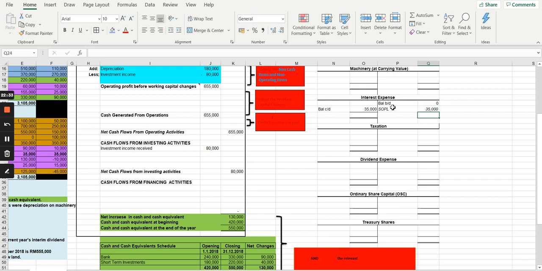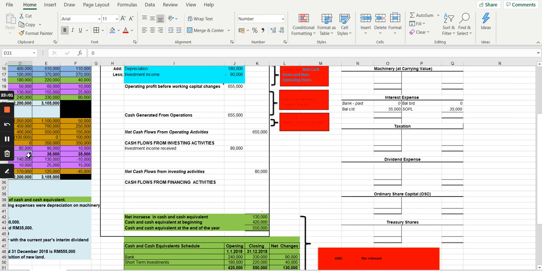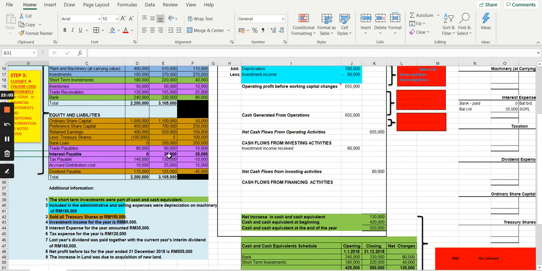We're trying to find out how much interest has been paid. If that was the case, there was no interest paid during the year. The interest was just accrued, because what you have in the statement of profit or loss was 35,000 as well, the same balance that you have in your statement of financial position.